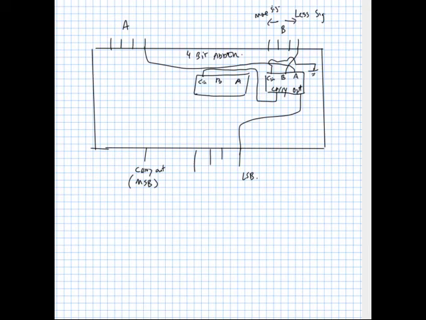And because the next column is going to get the second bit of B, the second bit of A, its answer is going to go in the second column of the output, and its carry is going to go into the third column over here.